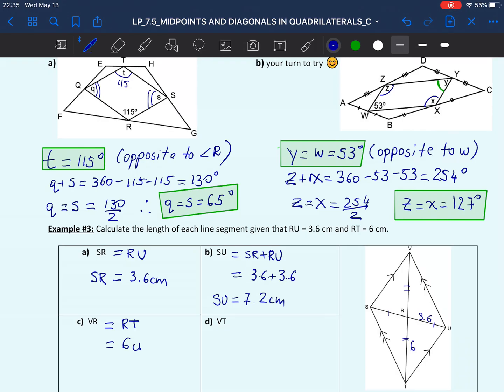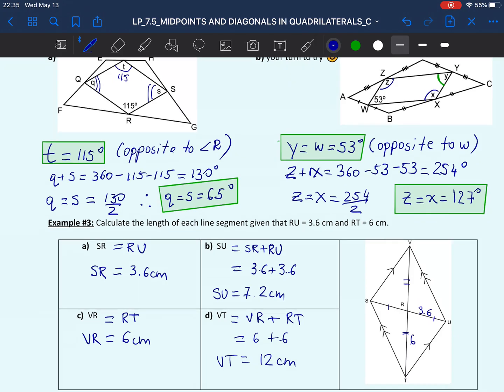So we'll say that is 6 centimeters as well. And then the length of VT, which will be VR plus RT, or 6 plus 6. That makes VT equal to 12 centimeters.